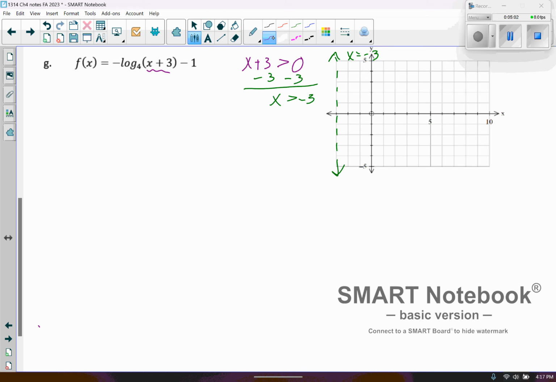And now I'm ready to do that process again. I'm going to start out by using a y for my function notation. It just makes things a little bit easier in trying to find my inverse. Now I have to isolate the logarithm, and I don't want that negative in front either. So I'm going to start by adding 1 to both sides.